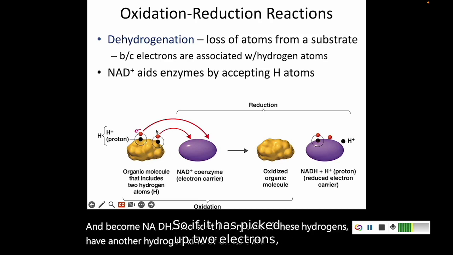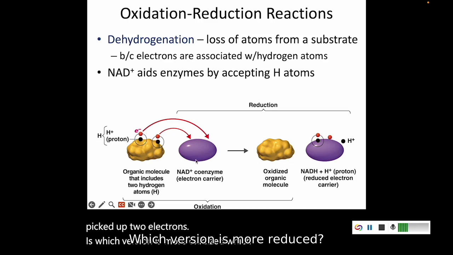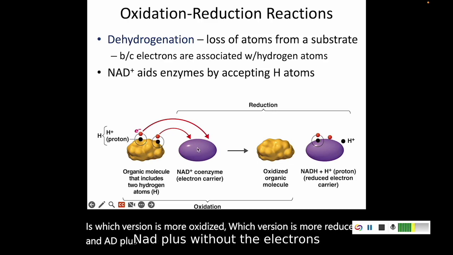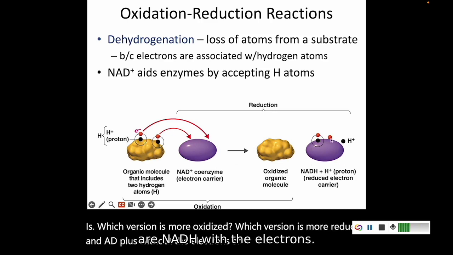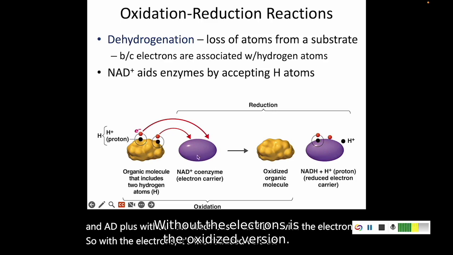If it has picked up two electrons, which version is more oxidized, which version is more reduced? NAD+ without the electrons, or NADH with the electrons? With the electrons is the reduced version, without the electrons is the oxidized version.